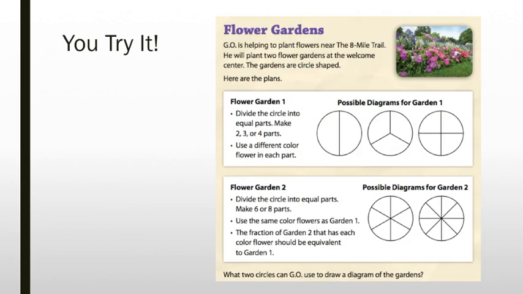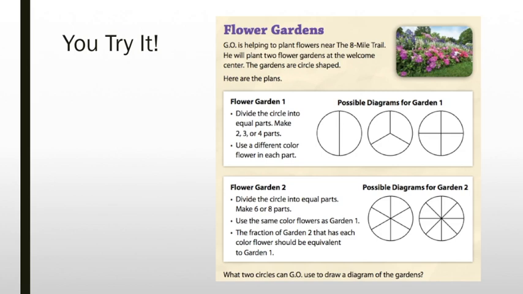And last, you're going to get to try a task on your own completely. And this is a flower garden task. It's about Geo again, and he's helping to plant flowers near the 8-mile trail. Now, he wants to plant 2 flower gardens at the Welcome Center, and the gardens are circle-shaped. So I think it's important for us to note he wants 2 flower gardens. No more, no less. 2 flower gardens.